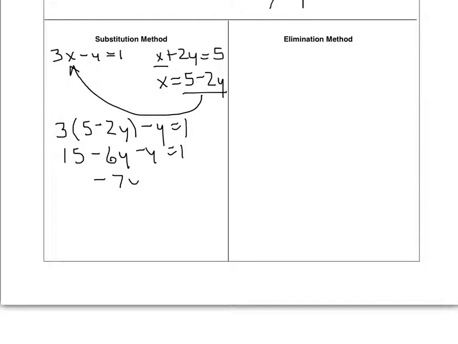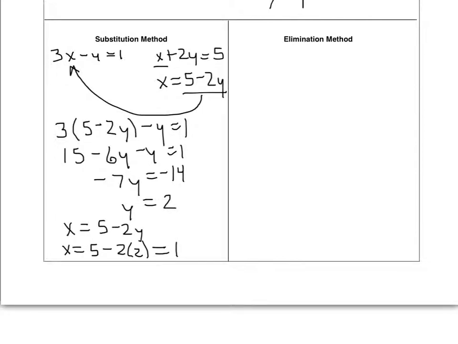Minus 7y, let's subtract 15 from both sides, and we get minus 14. Divide both sides by minus 7, and we get y equals 2. If y is 2, what is x? Well, we know that x equals 5 minus 2y. So x equals 5 minus 2 times 2. That's 5 minus 4. That's 1.